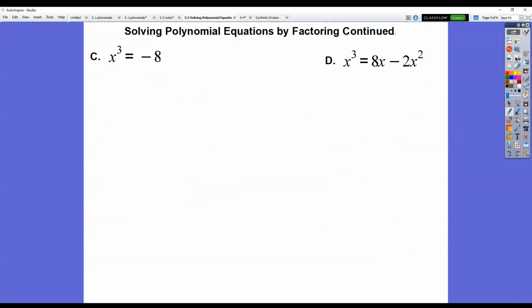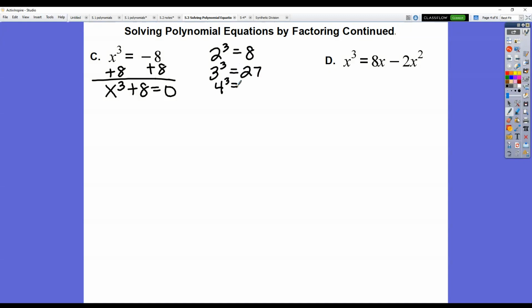Okay, another one. Make sure the right side equals 0. Think of your list of cubes. So, what that means, this is in the form of a cubed plus b cubed.